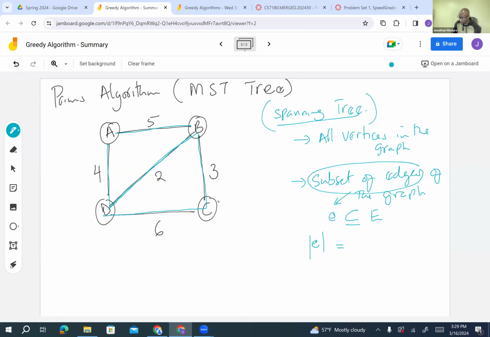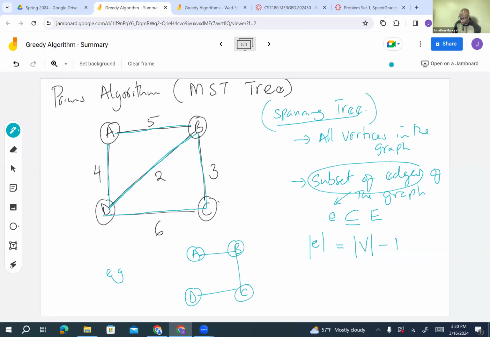So going with that, the set of edges that we need in order to connect all vertices should be really the number of vertices minus 1, right? We need V minus 1 edges to connect all of these. So for example, a spanning tree here would have been just A, B, D, and C. We could just draw this, and essentially this is a spanning tree.